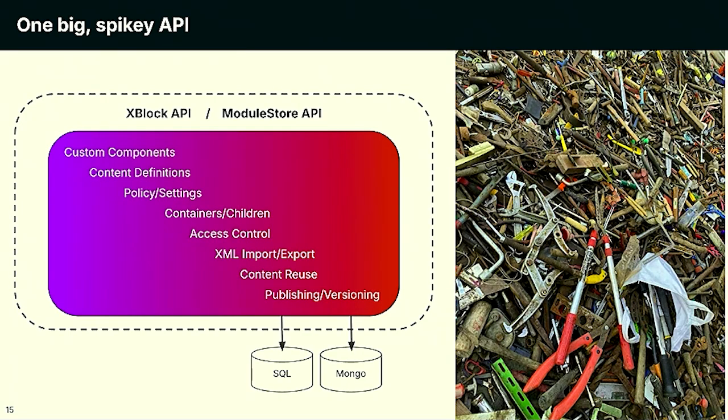Why am I talking about XBlocks? Because ModuleStore stores XBlocks. Expressly, it stores XBlocks. And over time, the distinction between those two APIs became muddied, where all the things XBlocks was trying to do got muddied with the additional things, publishing and versioning and content reuse, that ModuleStore was trying to do.